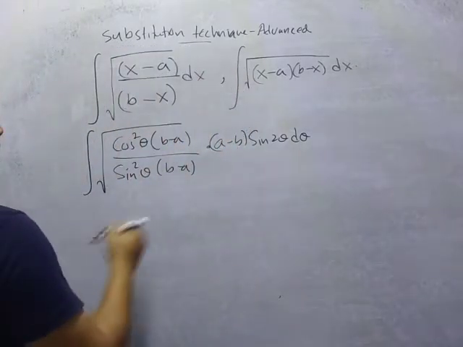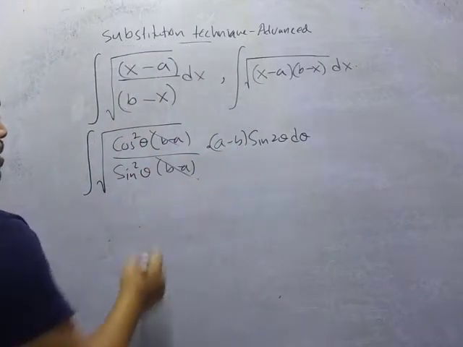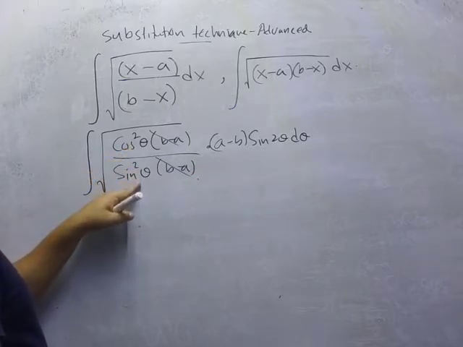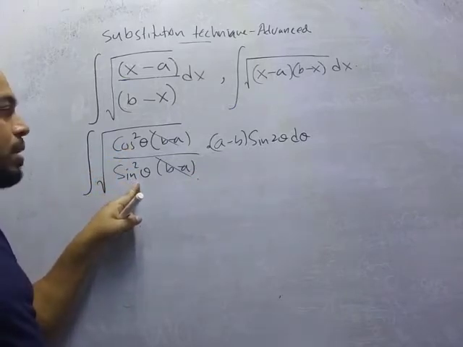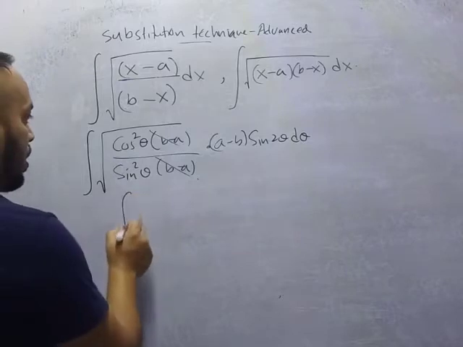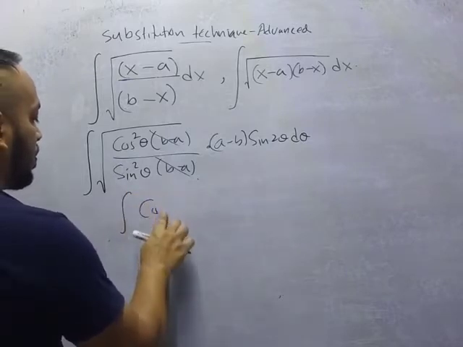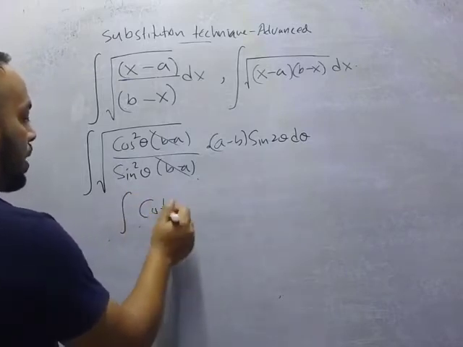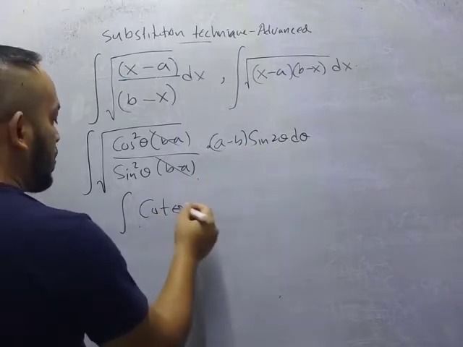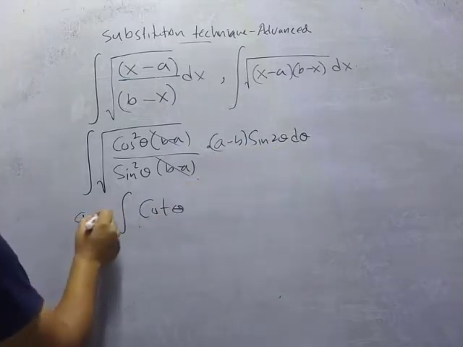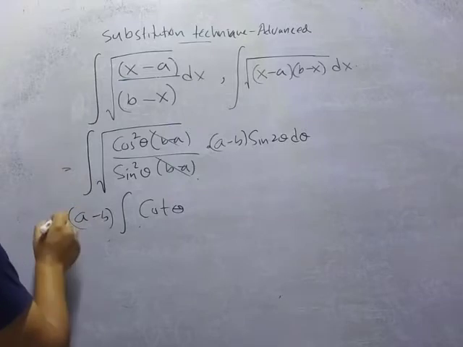Now these two cancel out. Cos square theta over sine square theta means cot square theta. If you take the square root, you get only cot theta. So we have cot theta here. So let me expand this one as well. a minus b, you can bring it to the front.